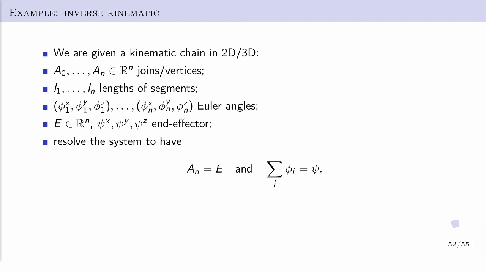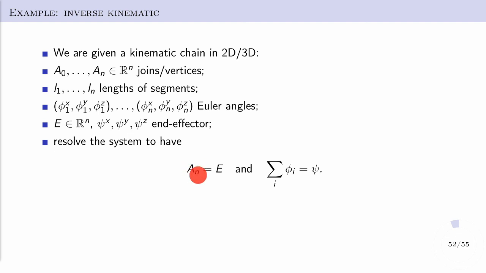So, for example, imagine that this robot is expected to weld a car. So this effector is moving through the trajectory where this welding is expected to happen. So the problem is to solve this system of equations.